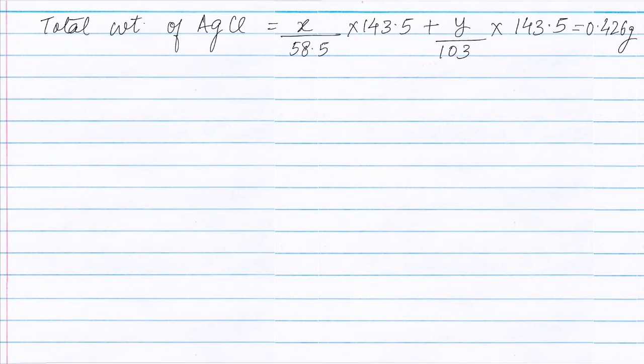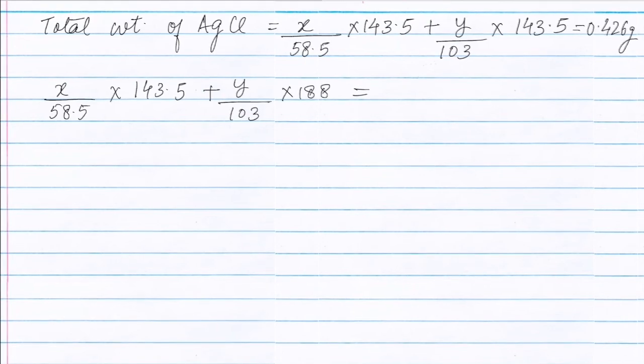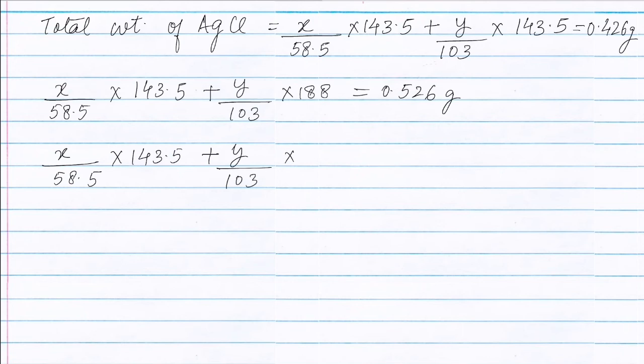The first equation is x divided by 58.5 multiplied by 143.5 plus y divided by 103 multiplied by 188 is equal to 0.526 gram, and the second is x divided by 58.5 into 143.5 plus y divided by 103 into 143.5 is equal to 0.426 gram.